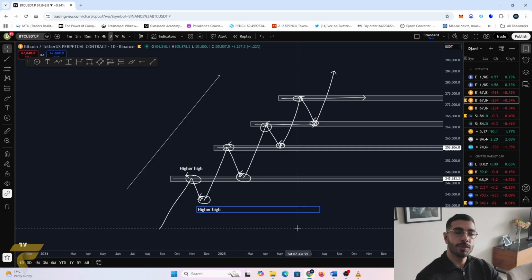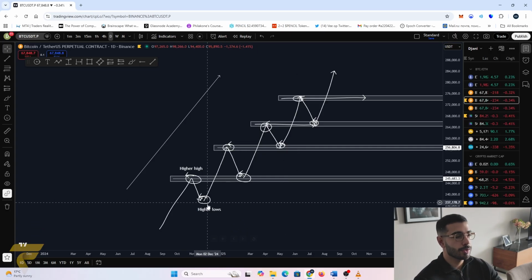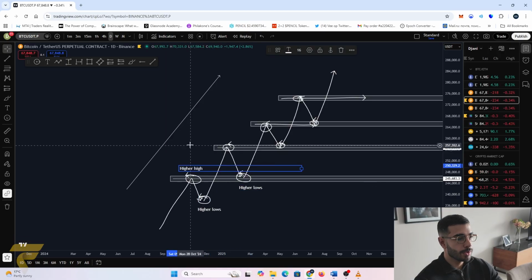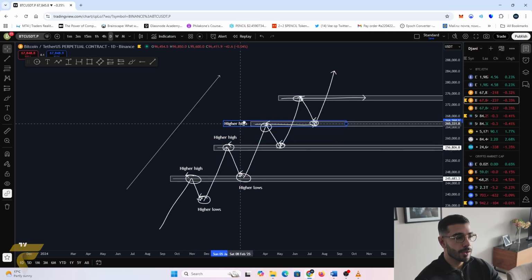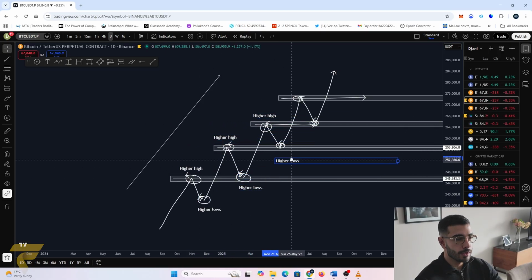So this is one of the main characteristics of a so-called uptrend, okay? So you keep on pretty much staircasing from lower to higher.